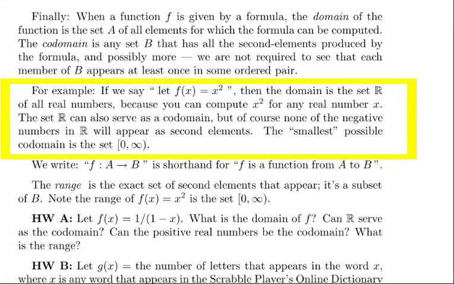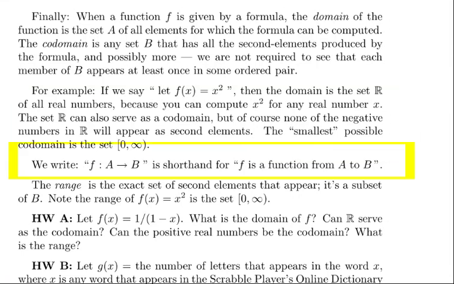The set R can also serve as a codomain, but of course none of the negative numbers in the real numbers will appear as second elements. The smallest possible codomain, in some sense, is the set of numbers from 0 to infinity.